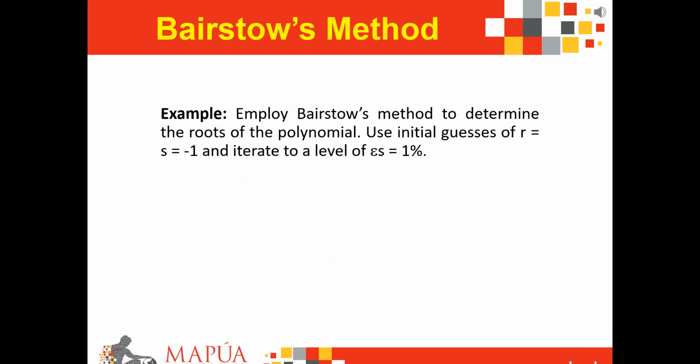This is another example stated in the book, whereby we're asked to employ Bairstow's method in order to determine the roots of your given polynomial function, which is a fifth order polynomial function given to be x raised to 5 minus 3.5x raised to 4 plus 2.75x cubed plus 2.125x squared minus 3.875x plus 1.25, with an initial guess of R and S equal to negative 1, and a terminating condition of ER and ES to be less than or equal to 1%.